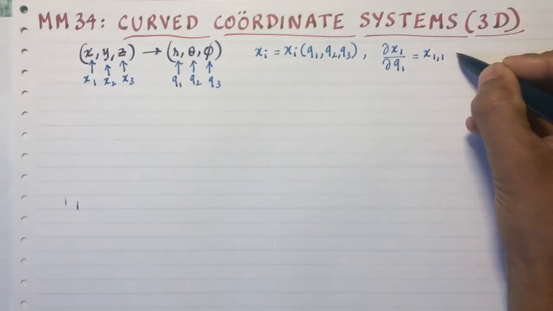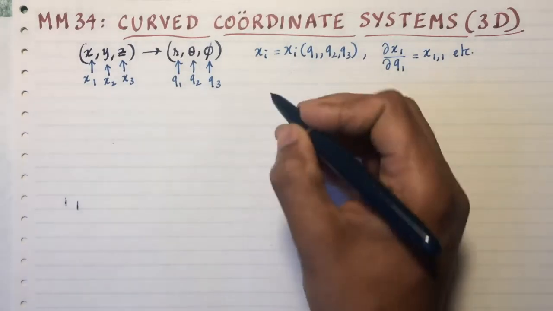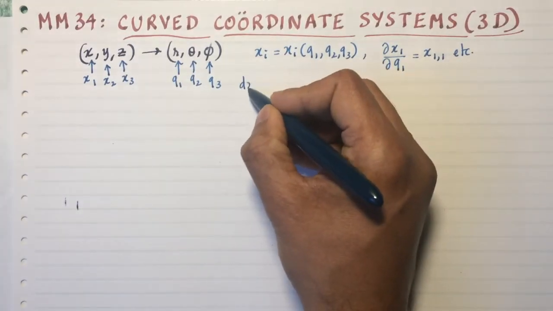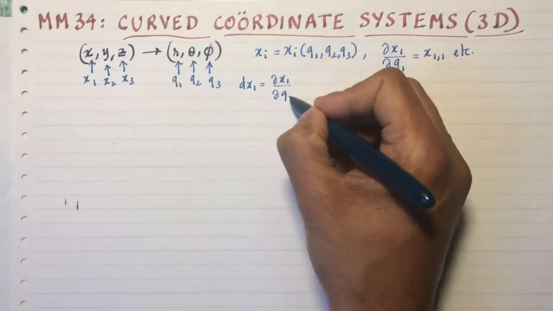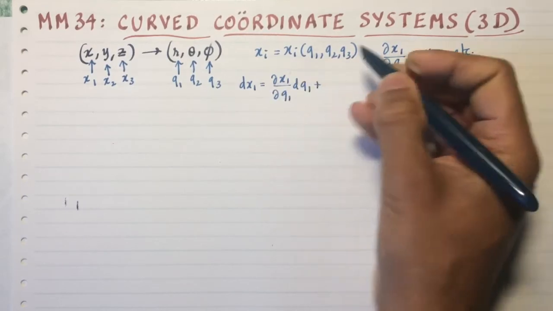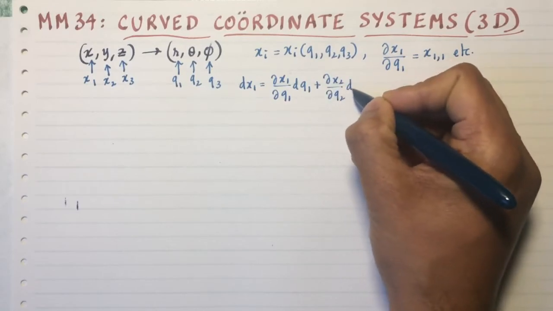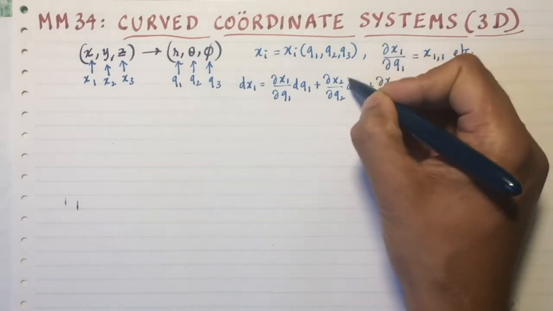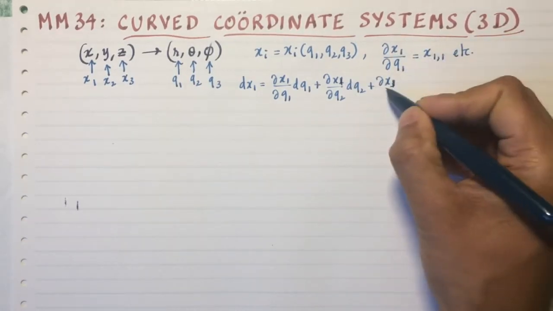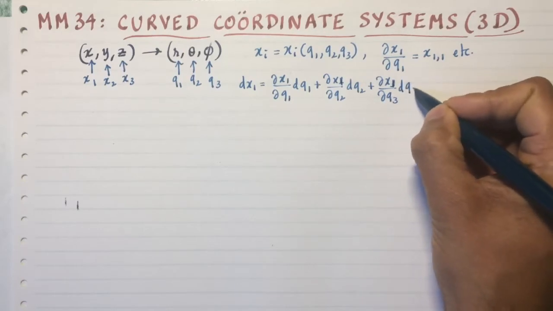So let's try to write one differential to see how this works. dx1 is going to be del x1 over del q1 dq1 plus del x1 over del q2 dq2 plus del x1 over del q3 dq3.